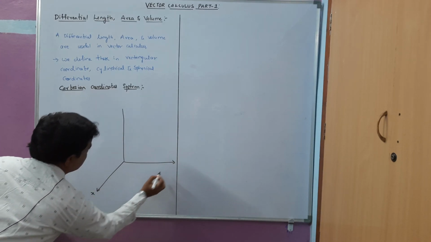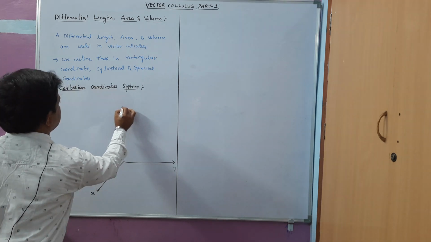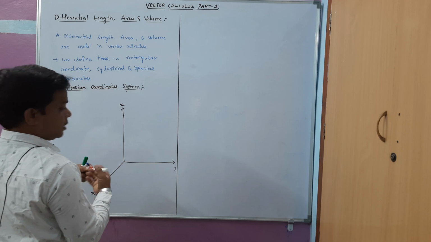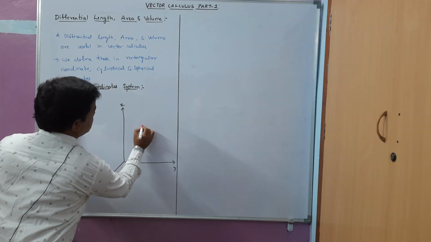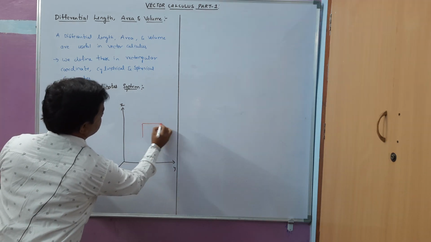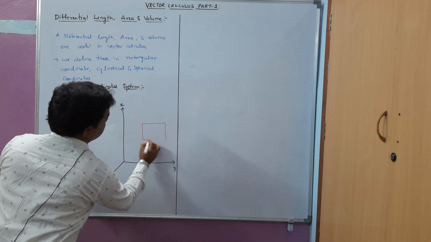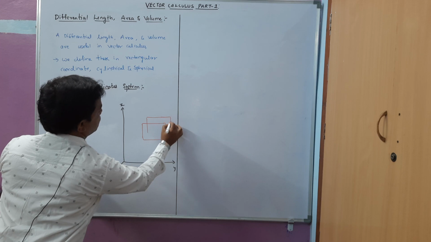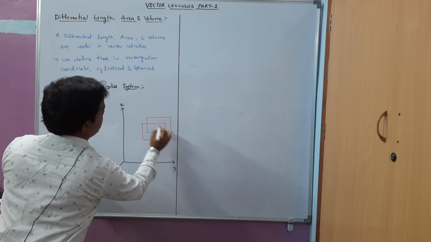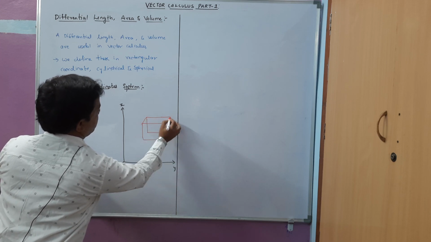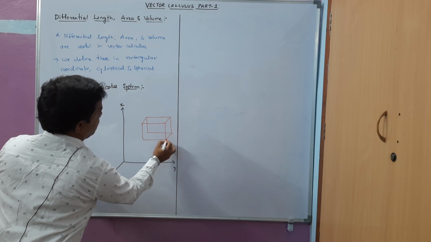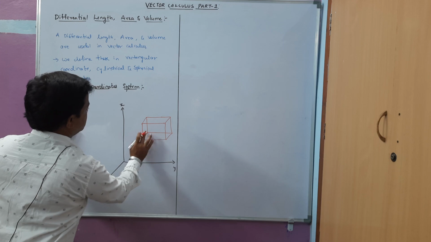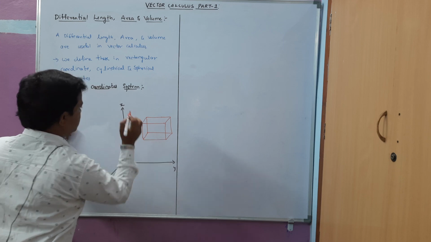This is the x axis, y axis and this is the z axis. Now let me draw a rectangular box here, a cube-like structure.